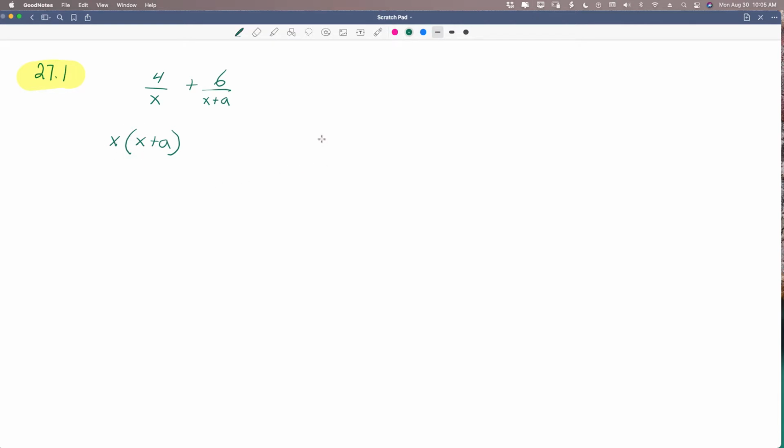So what we'll do for this problem is we will say 4 over x times x plus a. So 4 times x plus a over x times x plus a. And you can see how this is multiplied by the top and the bottom. We'll bring down our operation, and we'll do the same thing for here. We'll use x times this whole fraction.